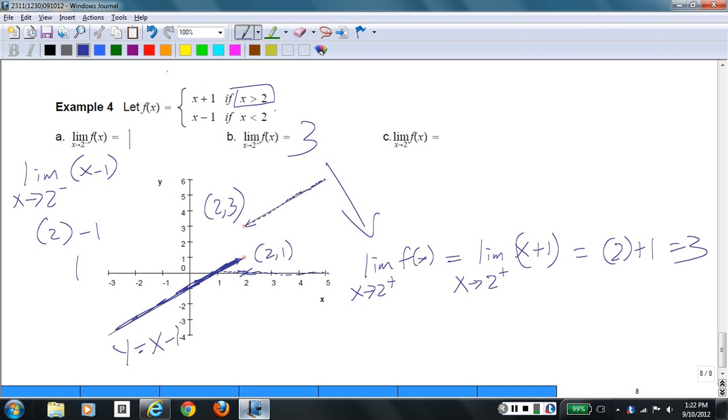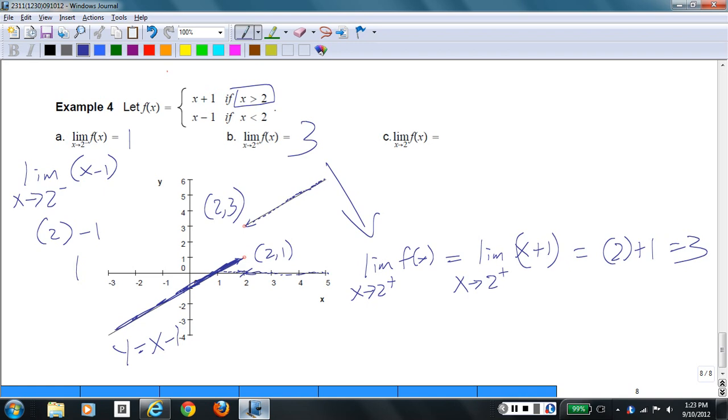Now, as we approach from the left, it's approaching 1. As we approach from the right, it's approaching 3. What can we say about the limit of f of x as x approaches 2? Not the one-sided limits, but the two-sided limit. I just ask you, what's f of x getting close to as x gets close to 2? 1 and 3.